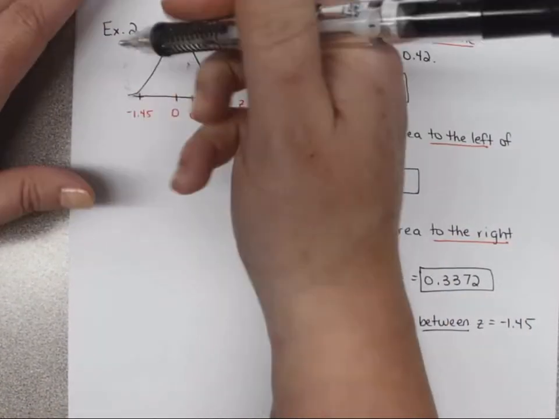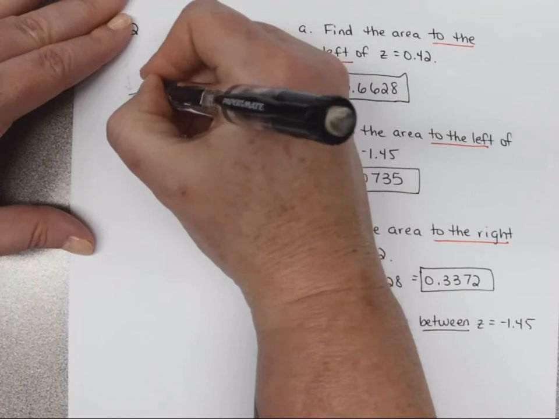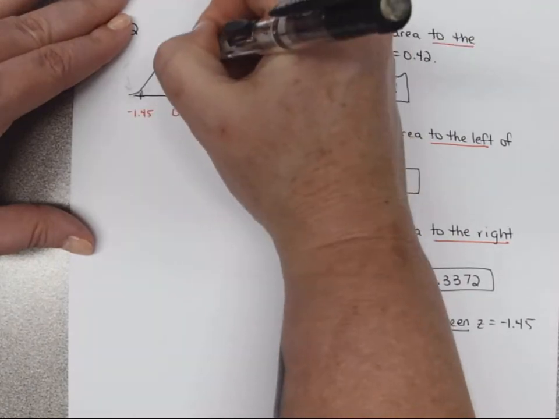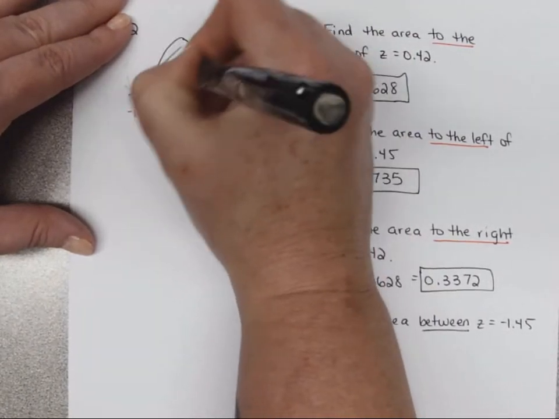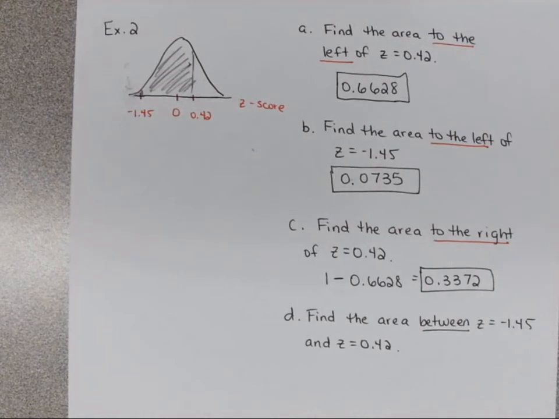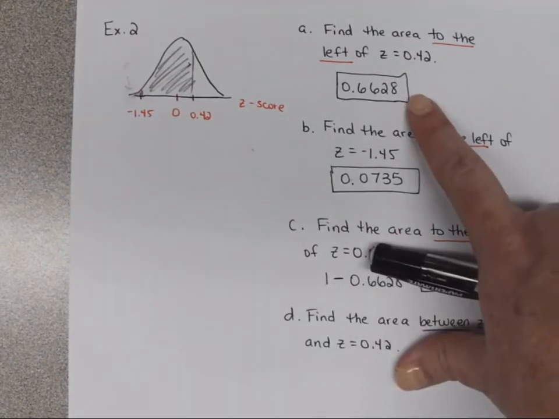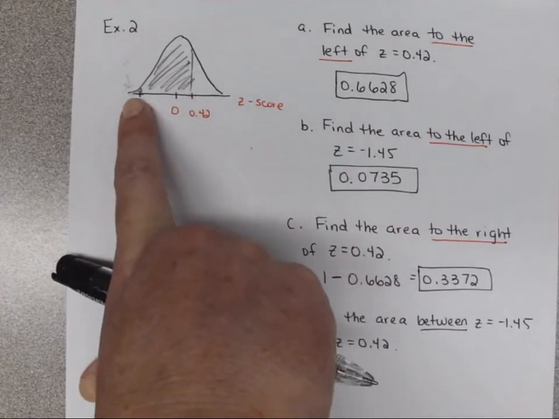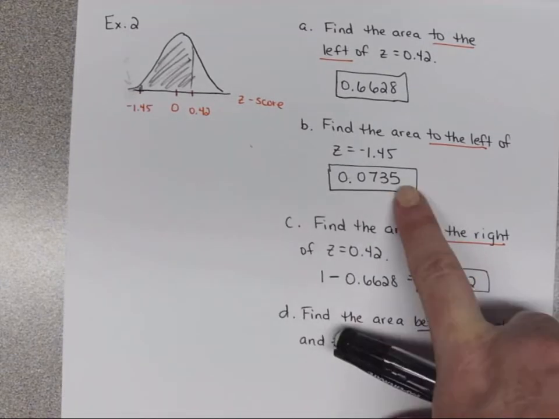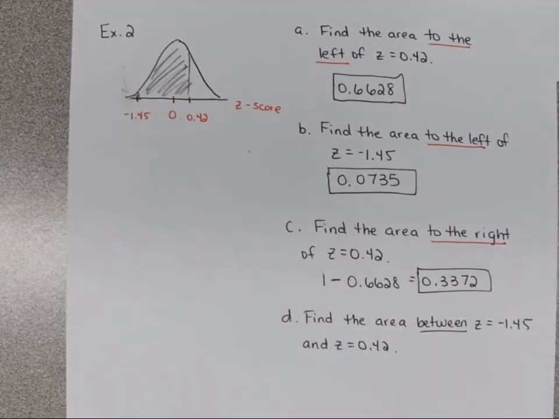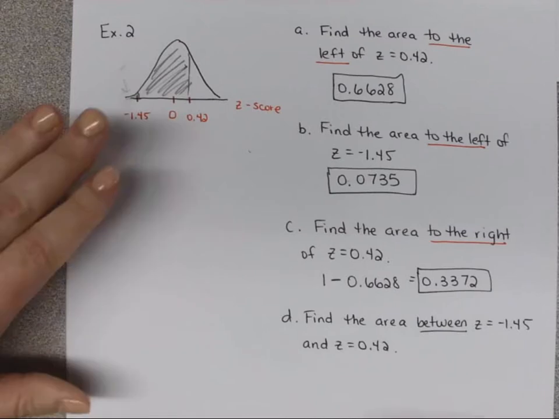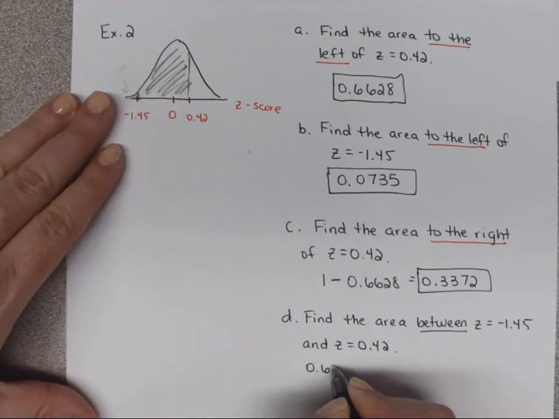And I actually just want everything in between. So I want everything here, here, and all of this basically. Notice this gives me the area to the left, including this little wedge that I don't want to include in my answer. This gives me the little wedge, right? So how could I find the area between the two? As you can tell by looking at the graph, we're just going to subtract the two.